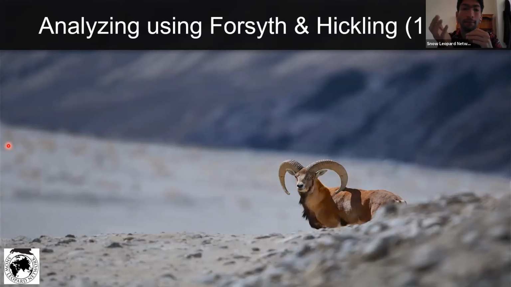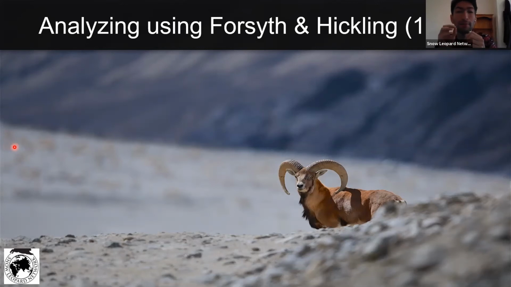And as we spoke last time, it was Fawcett and Hickling back in 1997 who were the first people who adapted this method, which was used many times on species such as birds, I think also amphibians and reptiles, if I'm not mistaken, in the 1970s and 80s, to mountain ungulates. Specifically, they did it on Himalayan thar in the New Zealand Alps. And I'll show you how they went about analyzing their data.